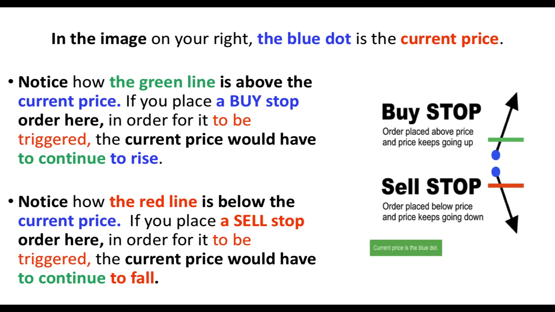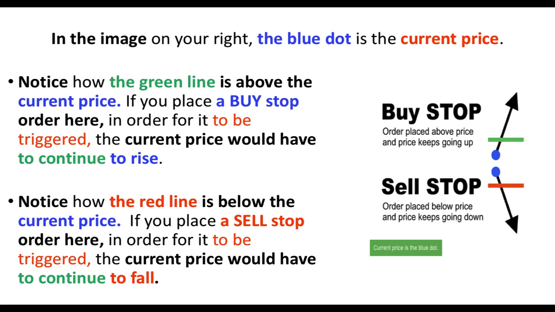Now, for the sell stop, notice how the red line is below the current price. If you place a sell stop order here on the red line, what this means is, in order for it to be triggered, the current price would have to continue to fall down.